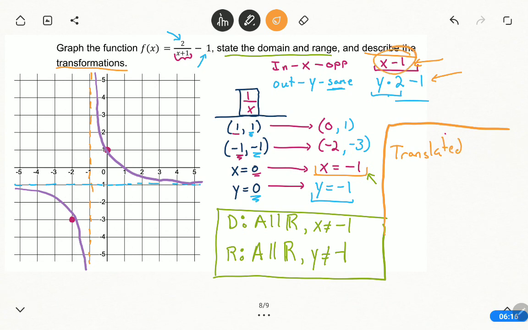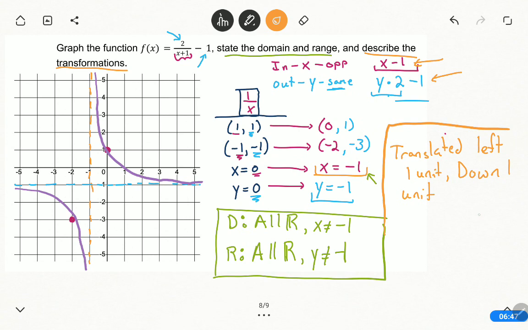Since it's x minus 1 is our addition subtraction rule for x, the subtraction for x values will take it in the left direction. So it's going to be translated left 1 unit. We're also adding and subtracting to the y values. We're subtracting 1 to the y values. Well, y is going to be in the up and down direction, and if we subtract 1, it's going to be down 1 unit.